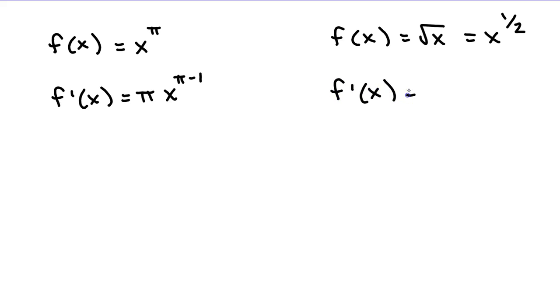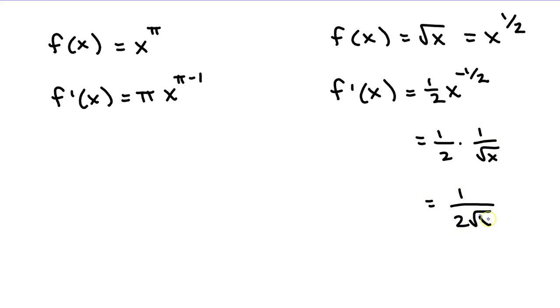Or if you had f of x equals square root x, think of square root x as x to the 1/2 power. Bring down the 1/2 and subtract 1 to get the new power. Now we would probably write that as 1/2 times 1 over square root x, so then we would combine those and get 1 over 2 square root x.